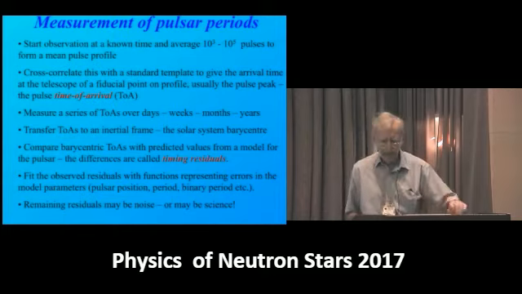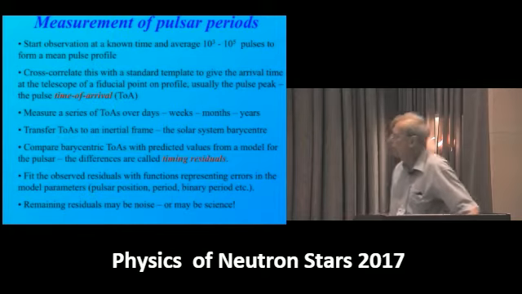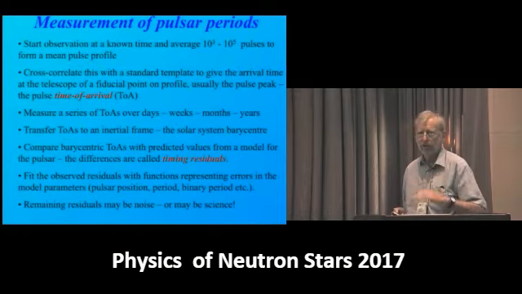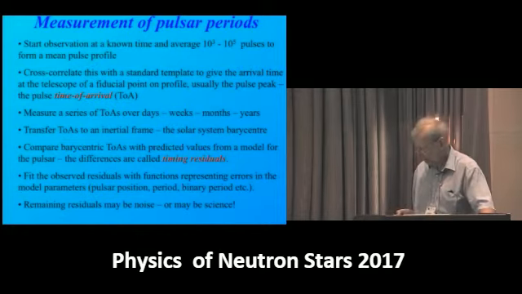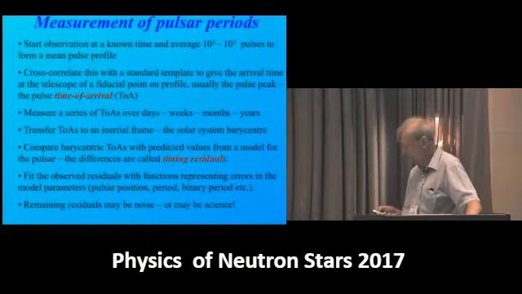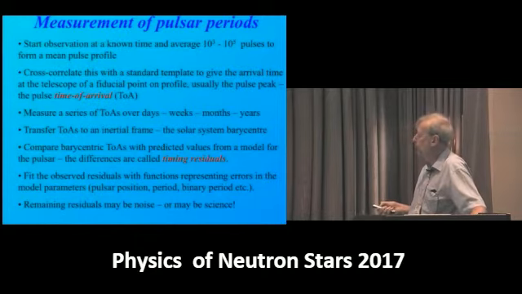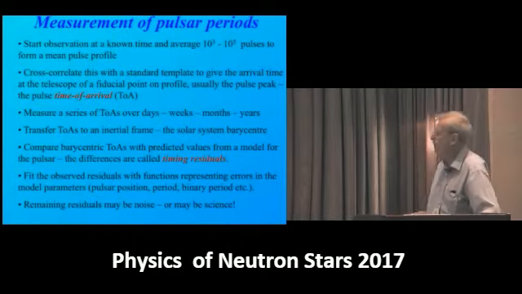If it's a binary, it includes all the binary parameters and so on. And the differences between the observed TOAs and the model TOAs are called timing residuals. So we then fit these observed timing residuals with functions that represent the errors in the model parameters.